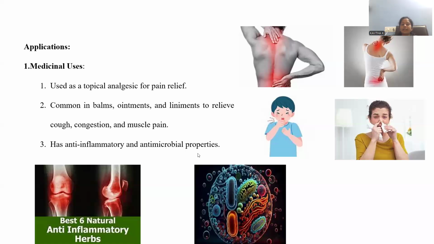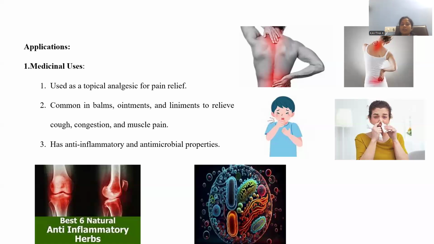Anti-inflammatory and antimicrobial properties. Inflammation is what we experience as joint pain, especially because of lack of synovial fluid in between. That is a kind of lubricant which lets one bone slide upon another and avoids friction between the bones, so that joint pains are not possible.